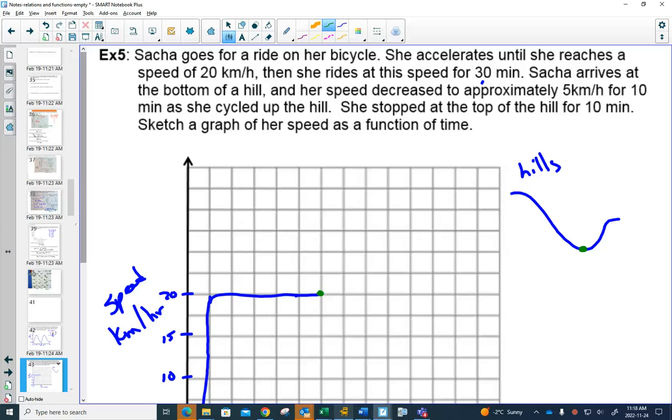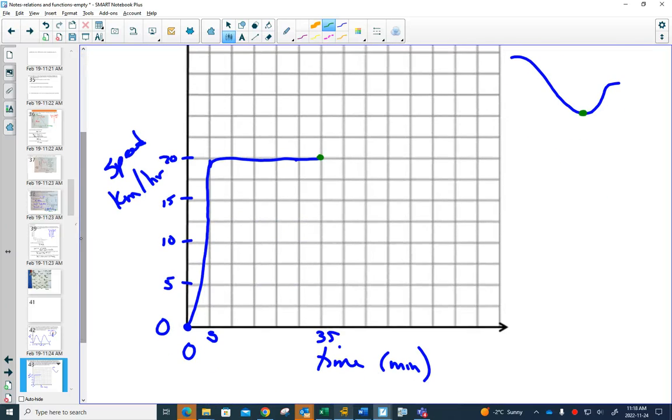Can you give her 5 minutes? Well, let's say she's going up the hill for 10 minutes, and over those 10 minutes, so from 35 to 45 will represent this part, her speed starts slowing down to 5. So I'm going to have her slow down to 5 kilometers per hour over 10 minutes, because it took 10 minutes.